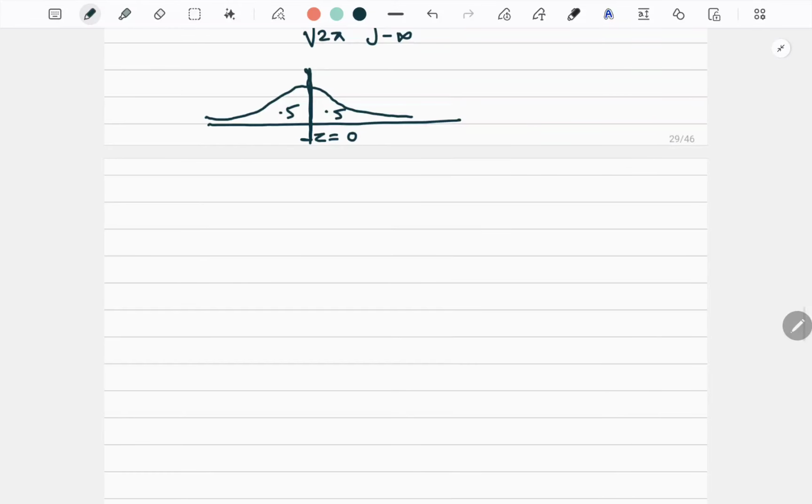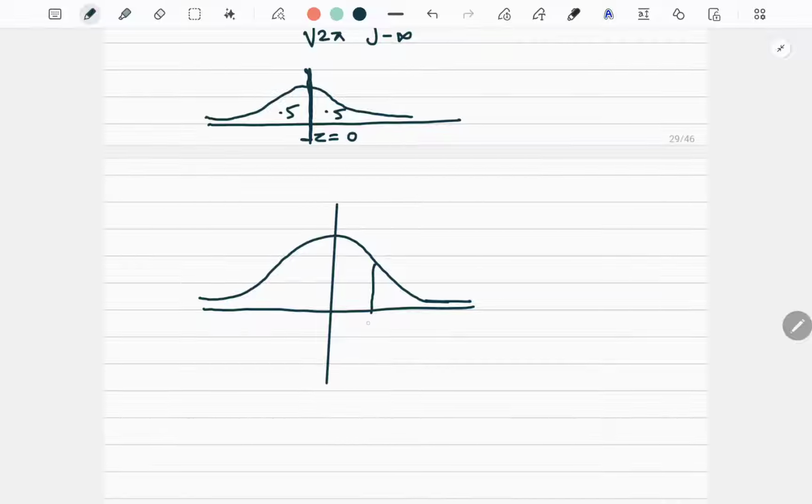Before starting with the questions and the concept, you need to understand one thing very clearly. Suppose this is a normal curve. Let us practice a little bit. Now, suppose I am taking this point z1.